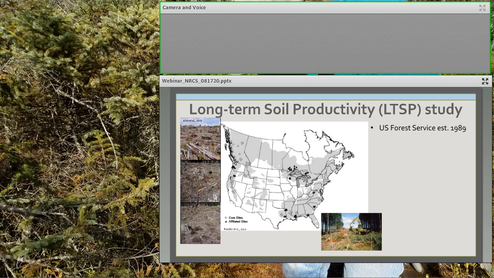The Long-Term Soil Productivity Study, or LTSP, was initiated by the U.S. Forest Service in 1989 and aimed to address the impact of post-soil disturbance on soil productivity. The LTSP is a good example of a long-term experiment initiated not only to track the immediate effects of a pulse disturbance, but also the effects over the long term, encompassing dynamics throughout the entire rotation.